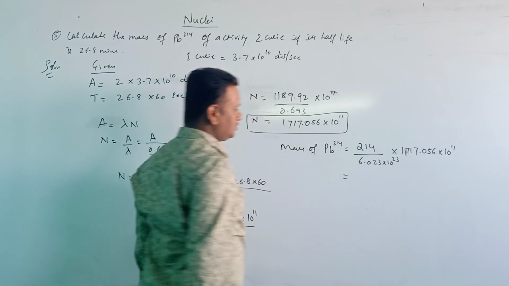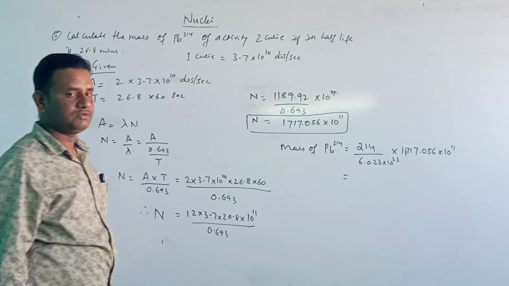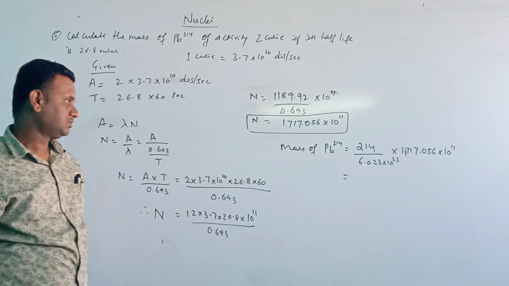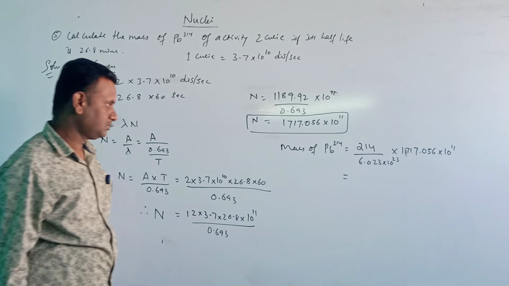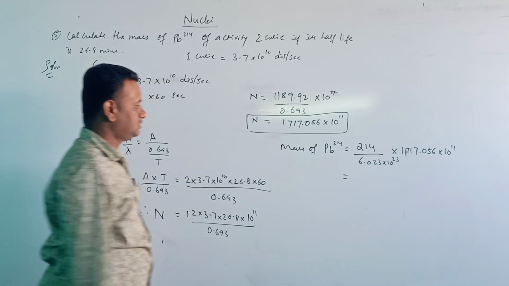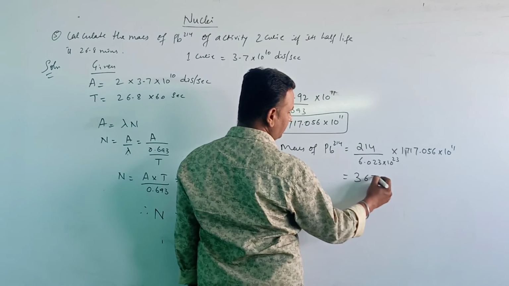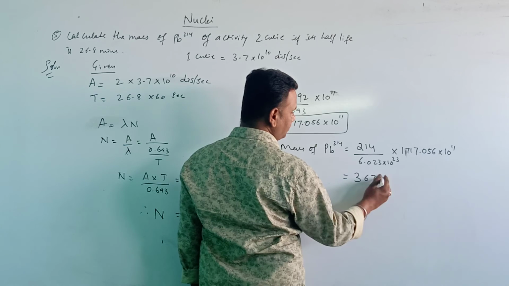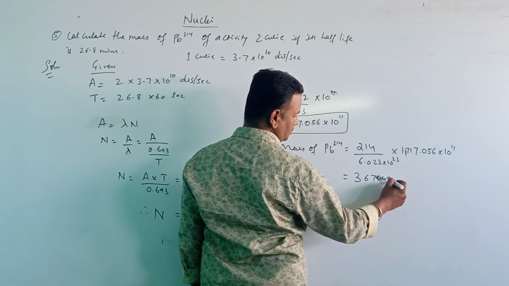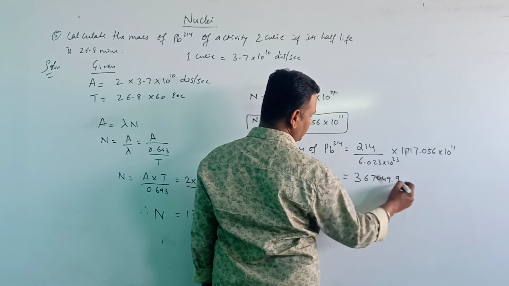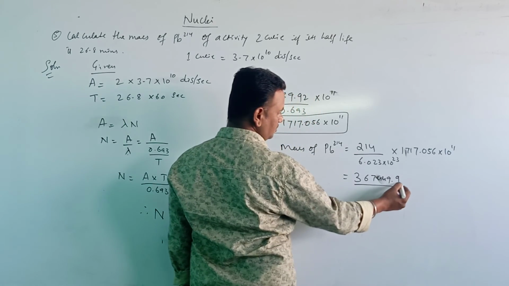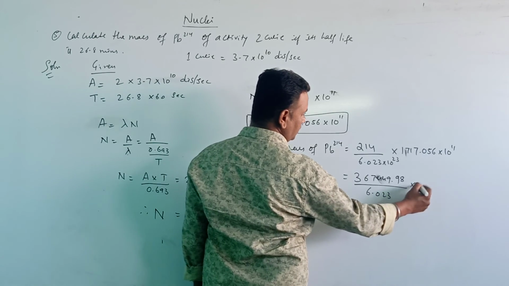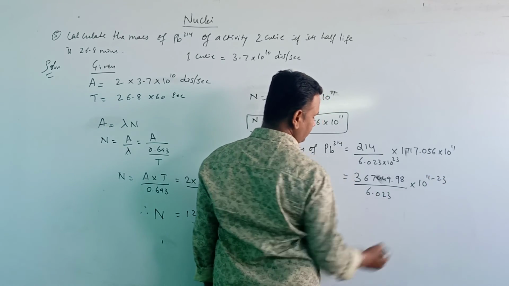Now multiply this one, 214 into 17.056. Divide by 6.023, 10 to the power of 11 minus 23.